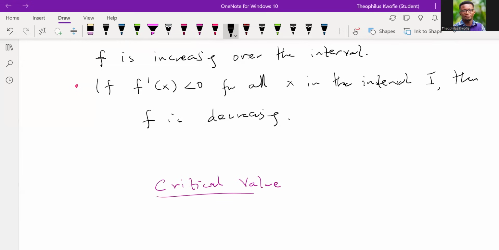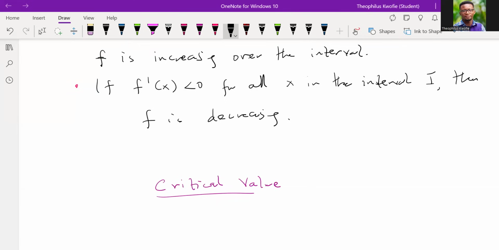Now, what is the critical value of a function? A critical value is any number in the domain of a function for which the tangent line is horizontal, or for which the derivative does not exist.